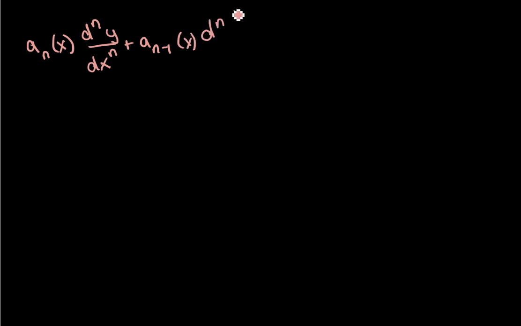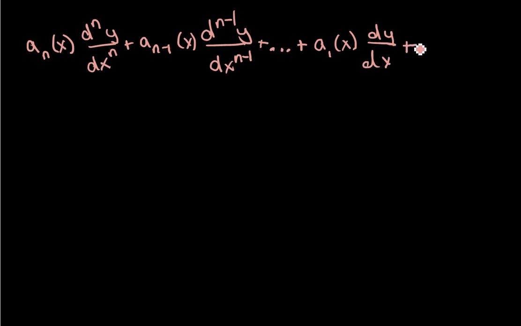If we were to notate that, there would be a sub n of x d to the n of y over dx to the n, plus a sub n minus 1 of x d to the n minus 1 of y over dx to the n minus 1, and we would keep continuing this all the way down to a sub 1 of x dy over dx, plus a sub 0 of x y equals some function g of x.